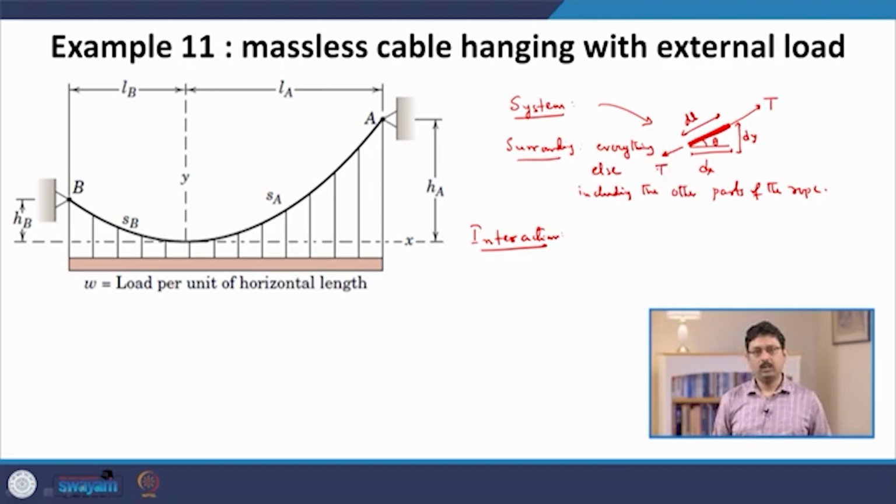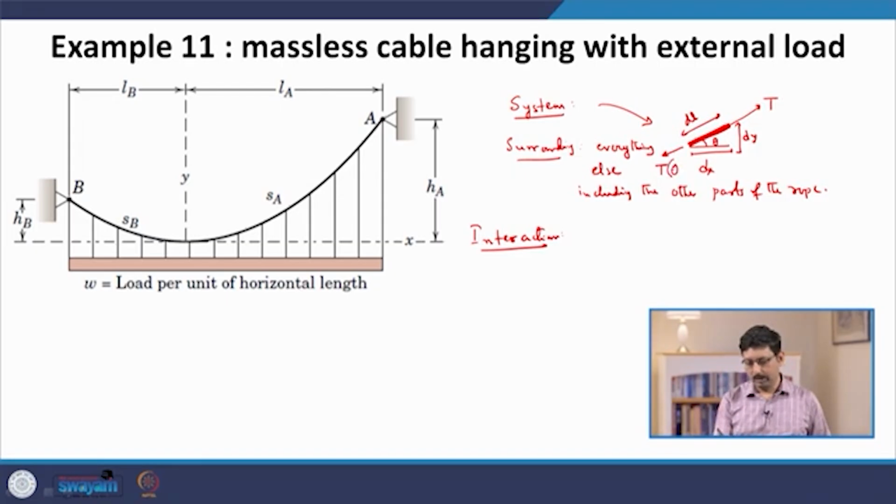So, there is also a tension force, and in the last lecture we saw that the direction of the tension force is known, it must be along the tangent of the rope. However, since this system is not horizontal, the tangent direction is continuously changing. So, these two forces are not in the same direction, which means they are not the same force.